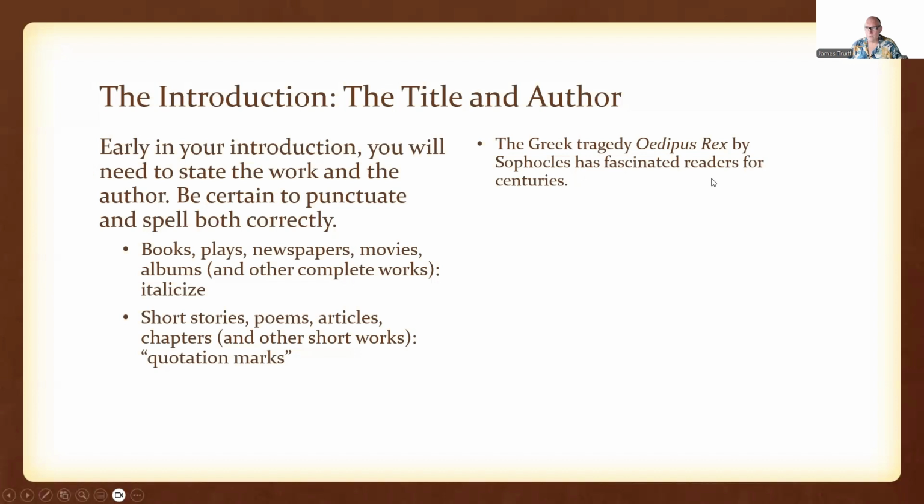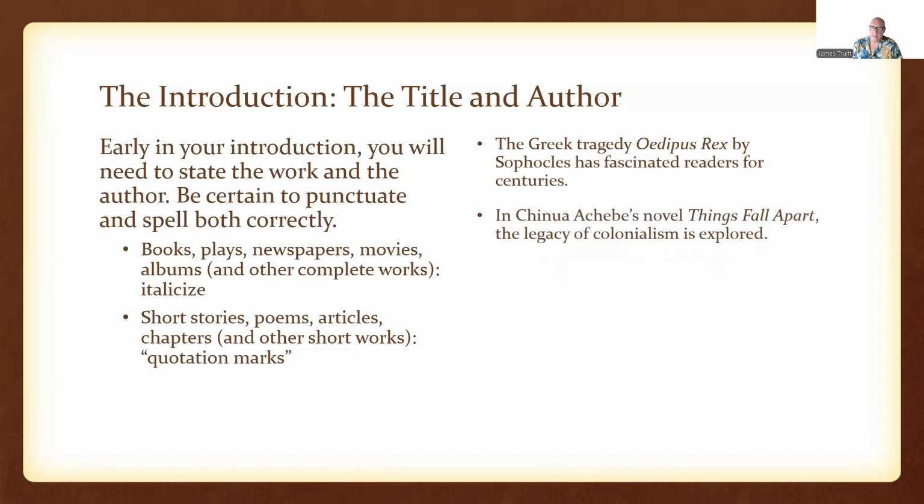So Oedipus Rex would be italicized there. In Chinua Achebe's novel, Things Fall Apart, the legacy of colonialism is explored. You see how I included the author's name at the beginning and then identified it as a novel. As a novel, it's a longer work and it gets italicized.